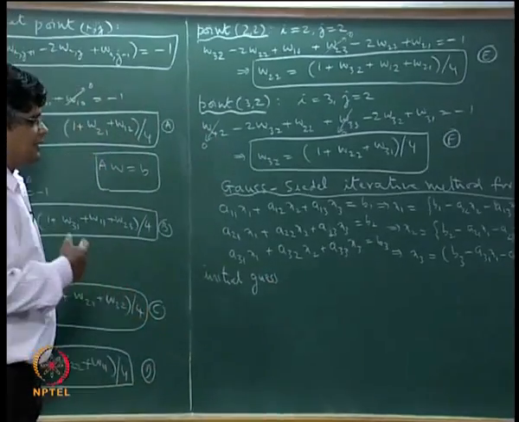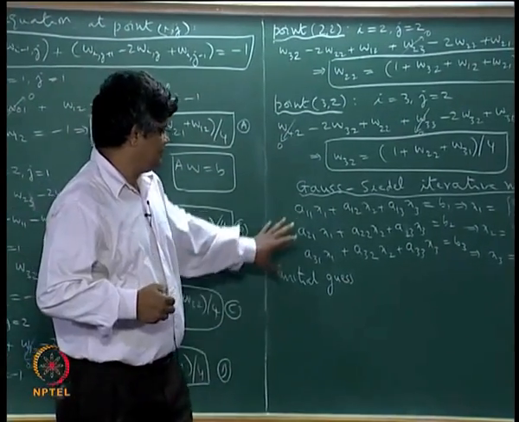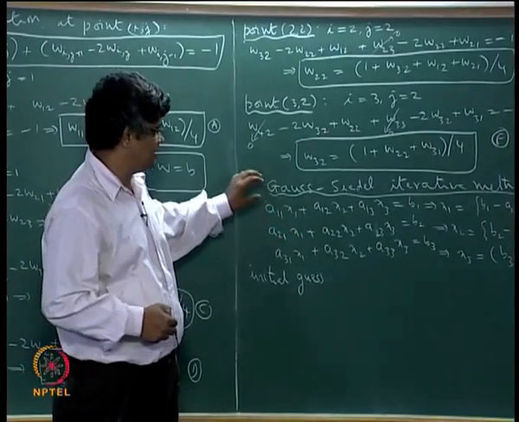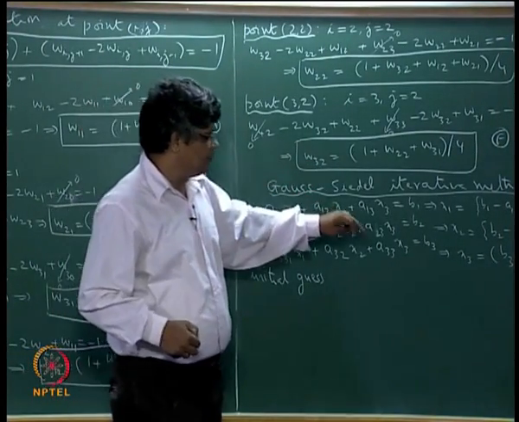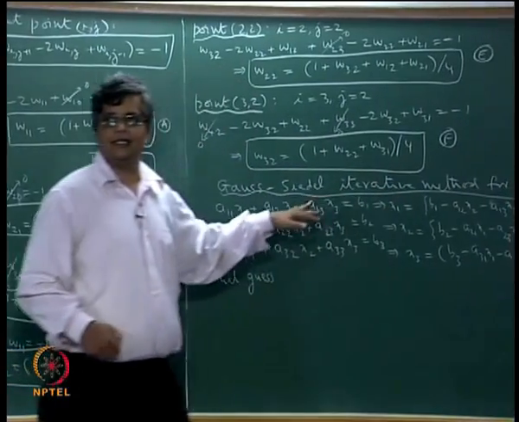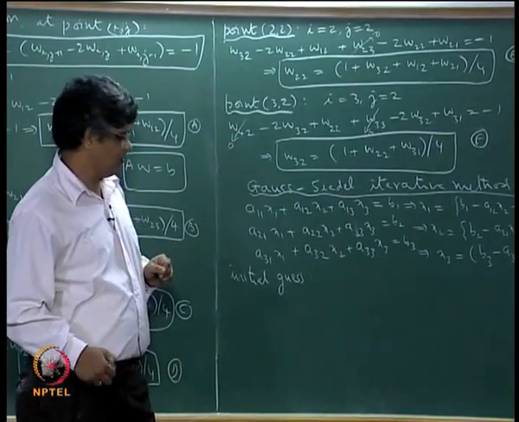In the case of a convergent method, in cases where the Gauss-Seidel iterative method works, it does not matter what the initial guess is, the final iterative solution will work in all cases.